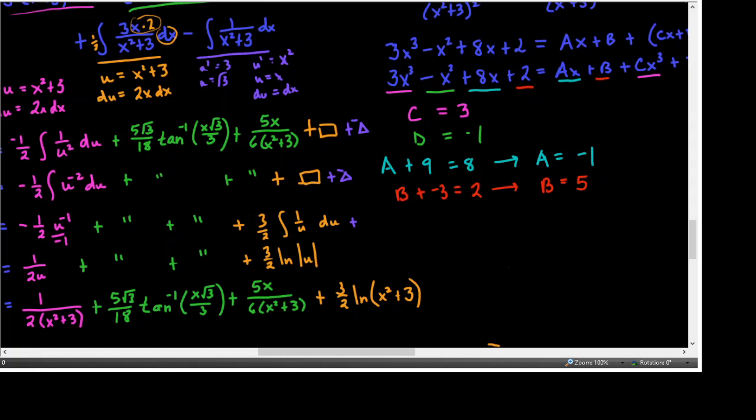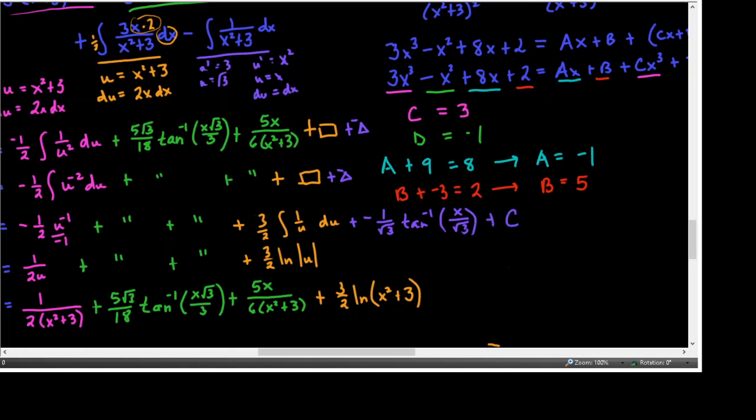So plus negative 1 over a inverse tangent of u, which is x, over a, which is square root of 3. This is the last one, so I'm going to write plus c finally.